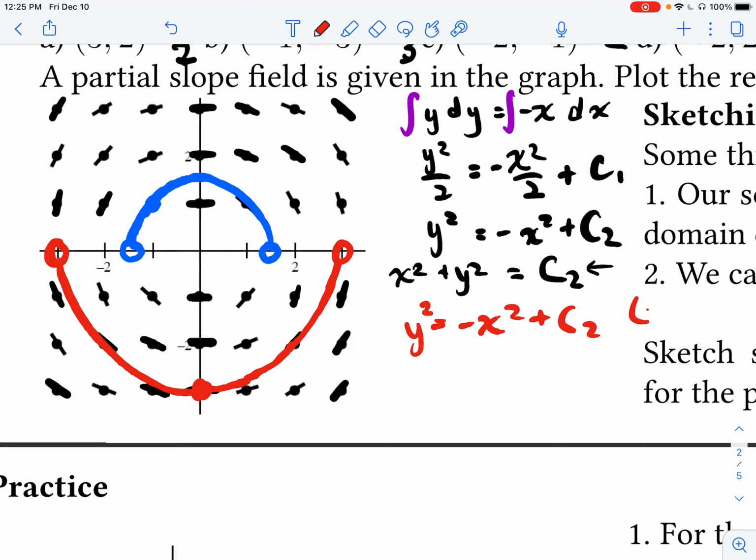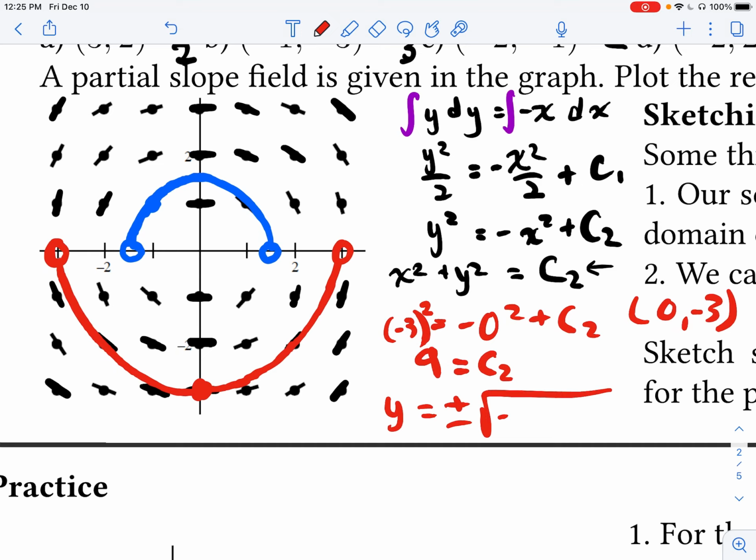If we're plugging in 0, -3, which was the coordinate, this y would become -3 squared. This x would be 0. And so c sub 2 would have to be equal to positive 9. So we said y is equal to plus or minus the square root of negative x squared plus 9.